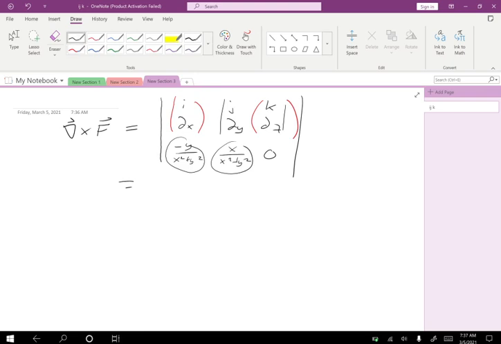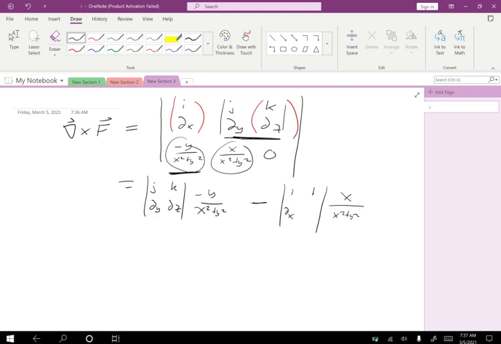I'm just grouping what those determinants will look like. First off, I'm going to use minus y divided by x squared plus y squared. I'll put the j, k, partial y, partial z here. And then finally, I'll expand the second one, and I will put the i, partial x, k, partial z over here. Now notice that the partial z will actually just be 0, so that's nice.